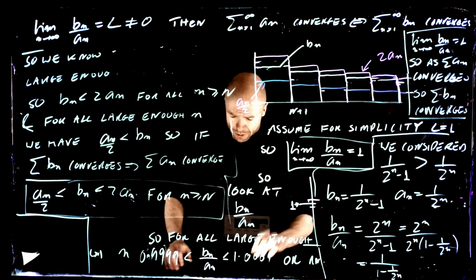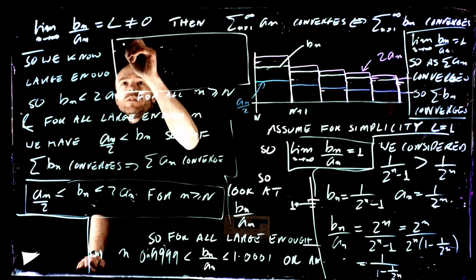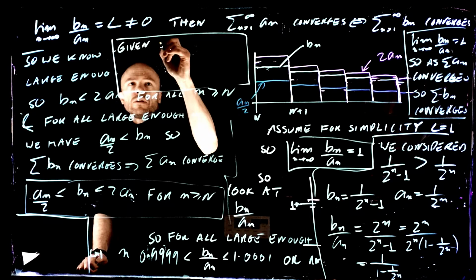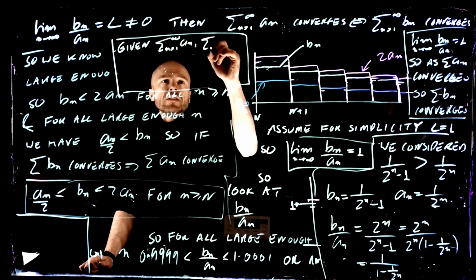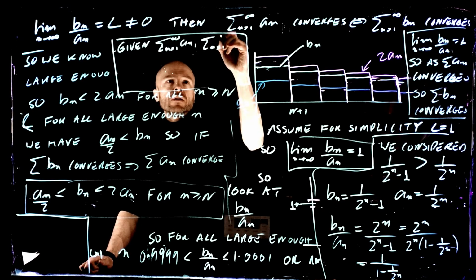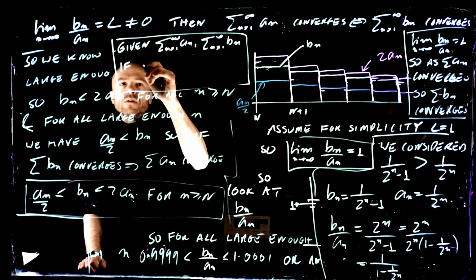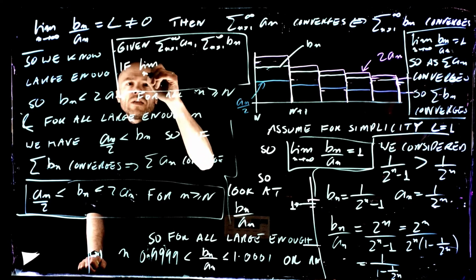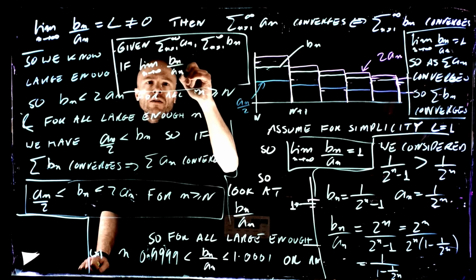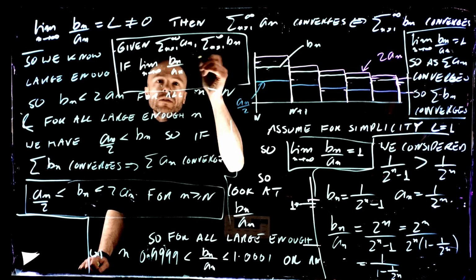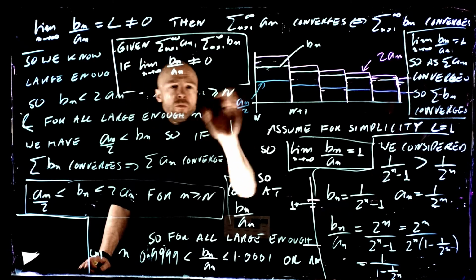Given the sum from n equals 1 to infinity of this series and this series, if the limit as n goes to infinity of bn over an exists and is not equal to 0, then we're going to say that an and bn are married.